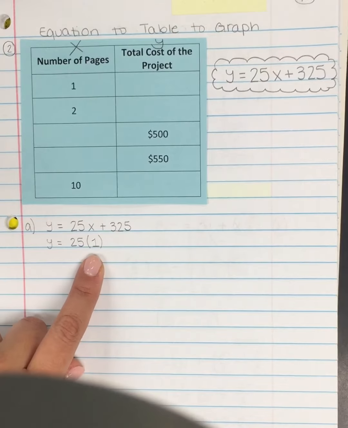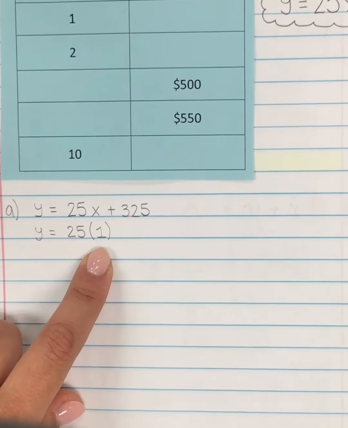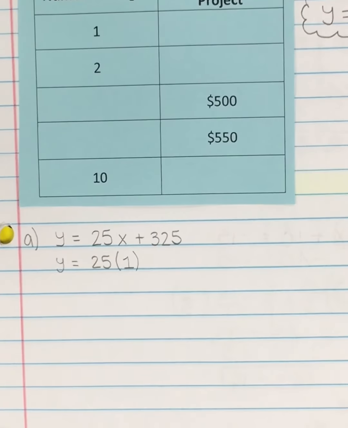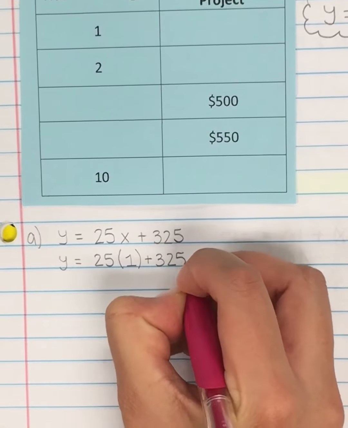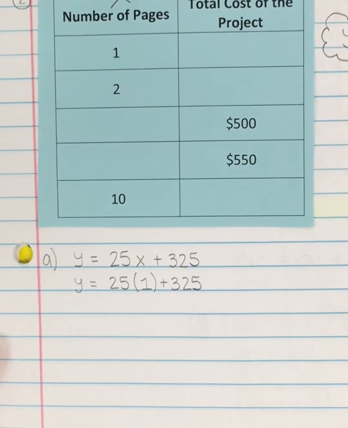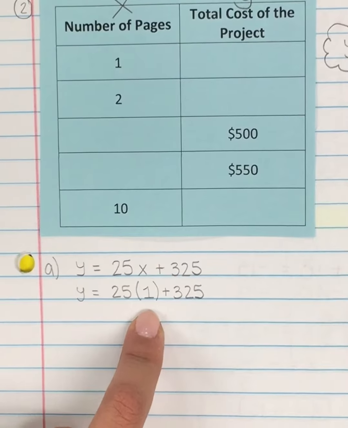Be sure to put the parentheses so it doesn't look like 251. And that's substitution right there, where I rewrite the equation, but instead of x, I put in my 1.